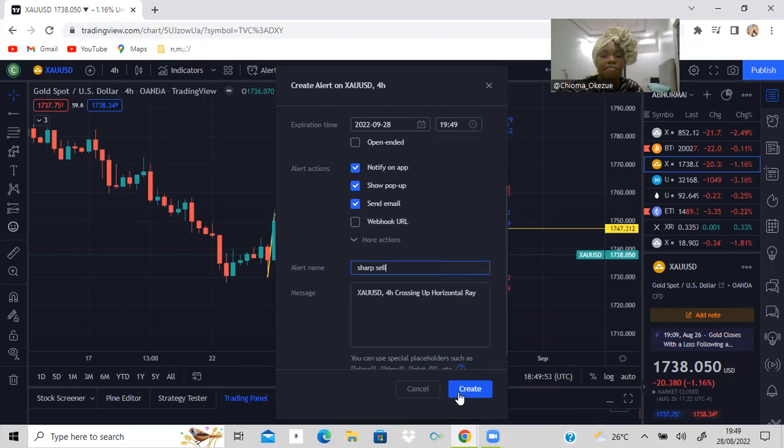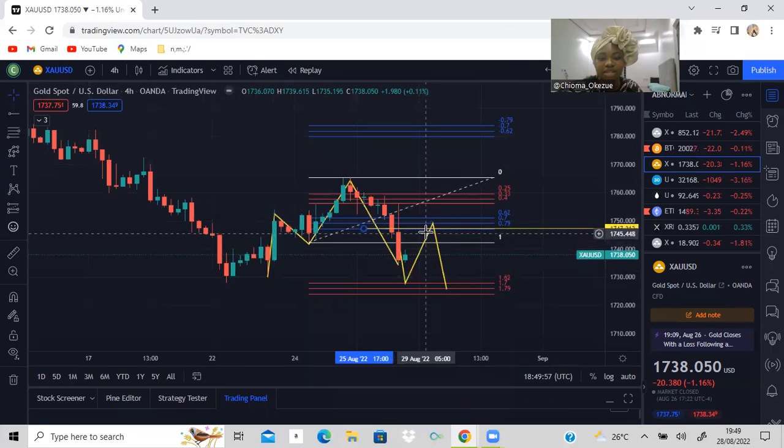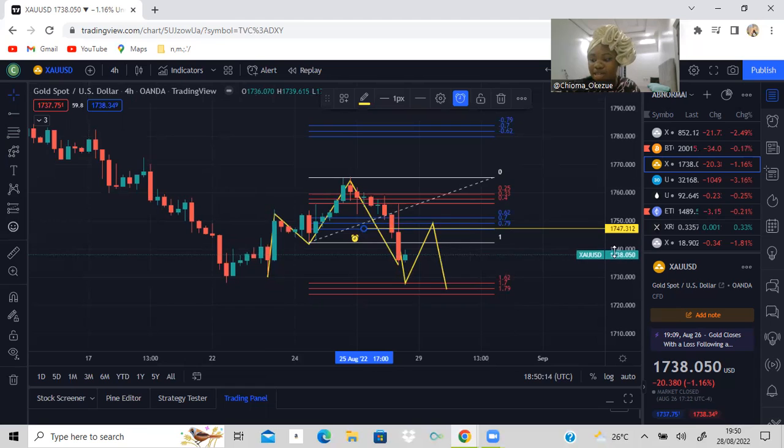So by now, I should have created my sell limits by looking here. You can go in and put a sell limit for 1747.312. Limit there.